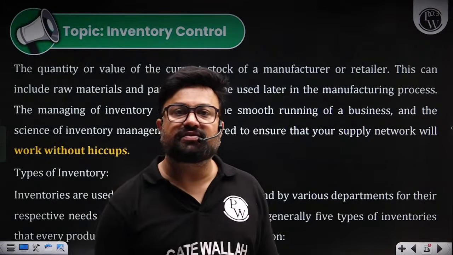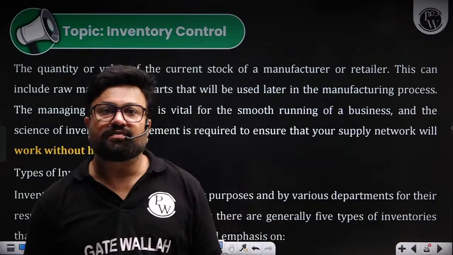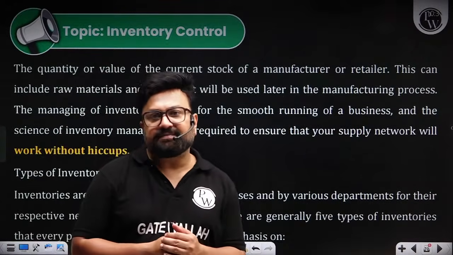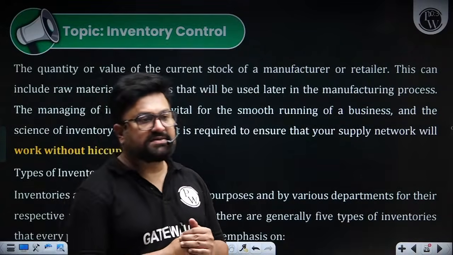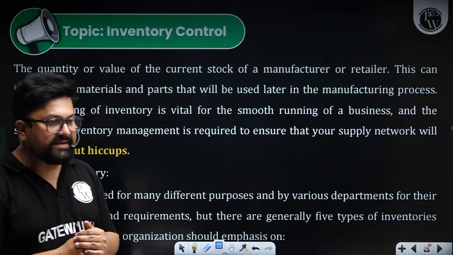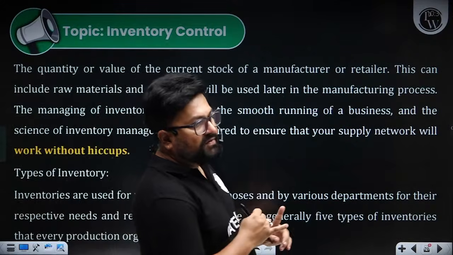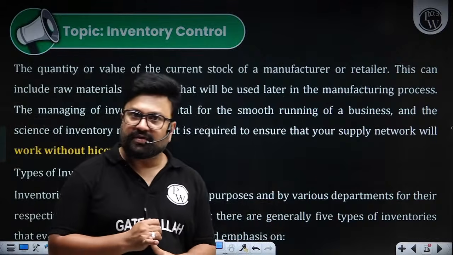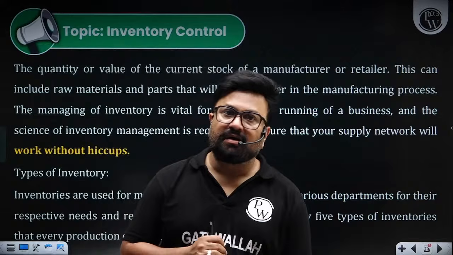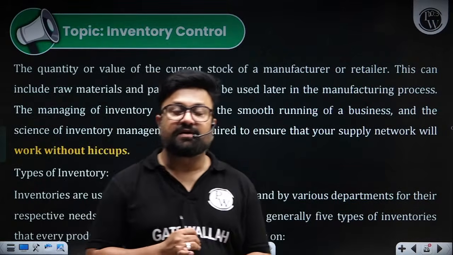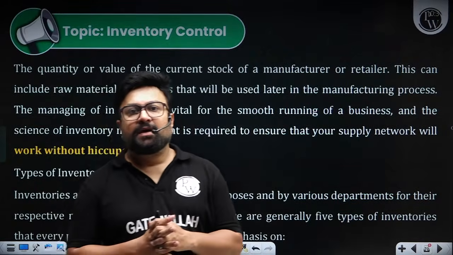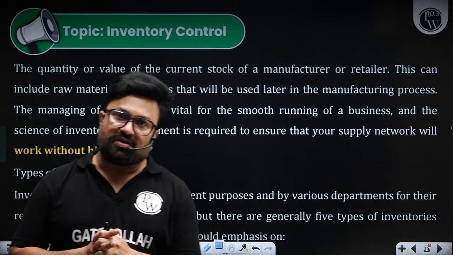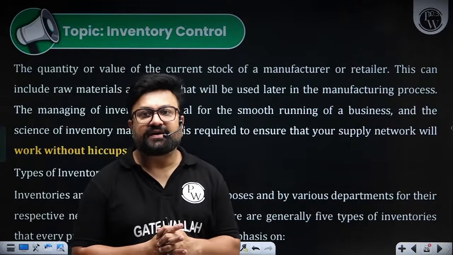Now let's come to inventory or inventory control. Basically, what is inventory? Inventory is a place where the manufacturer places raw material, semi-finished items or finished items before the delivery, or for manufacturing. It is the quantity or value of the current stock of a manufacturer or retailer.